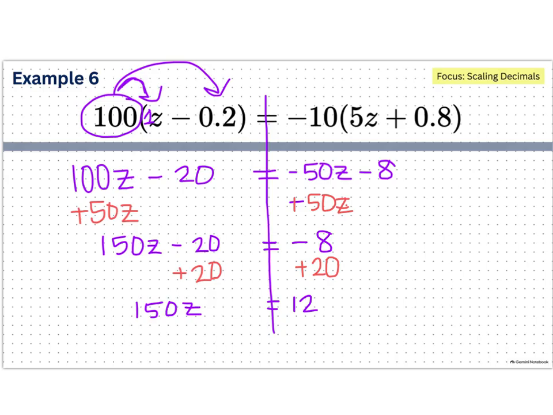And then the last step is to divide off my coefficient. So I'm dividing off 150 on both sides. And then 150s will cancel out to 1, and then we have z equals 0.08 when I divide 12 by 150.